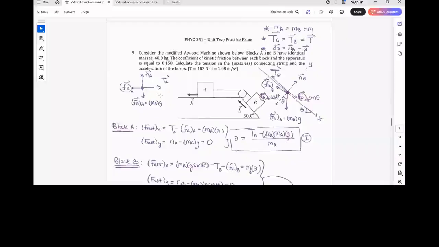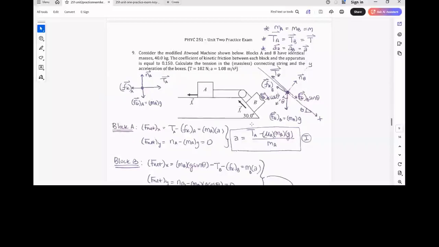But just as we had before, we can begin by drawing two free body diagrams, one for block A, one for block B. And up here at the top, I'm just reminding us that since we've got identical blocks, MA and MB are eventually just going to be called M. TA and TB are eventually just going to be called T. And then acceleration A and acceleration B, I'm just going to call that acceleration.